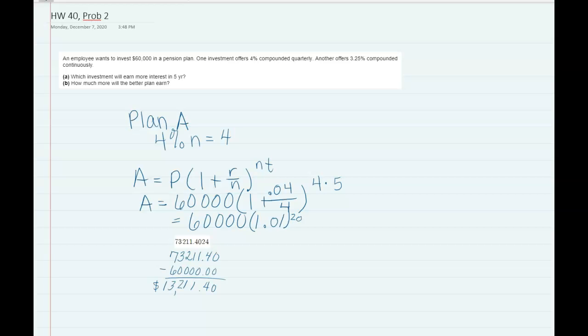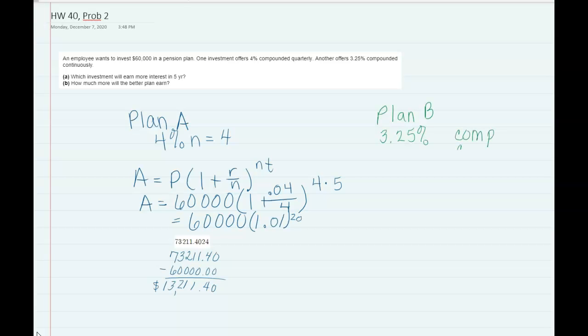So let's go take a look at Plan B. For Plan B, we're going to have 3.25% as our interest rate, and it's compounded continuously.